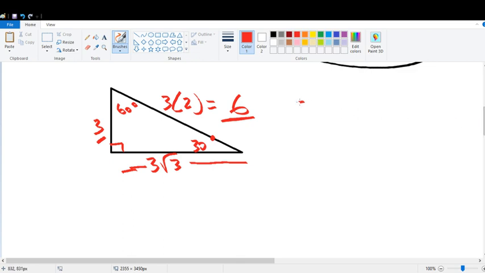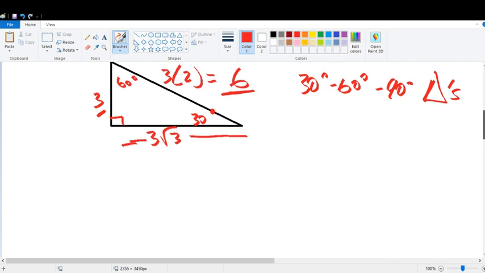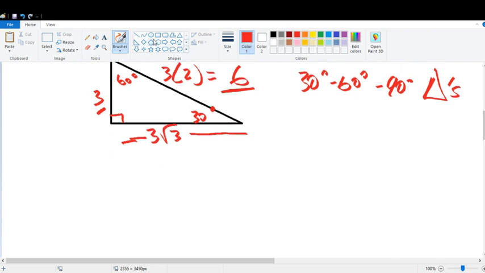This only applies to the 30, 60, 90 degree triangles. I hope this is making sense. Let's do something similar, but let's do a problem where the hypotenuse is given to us.